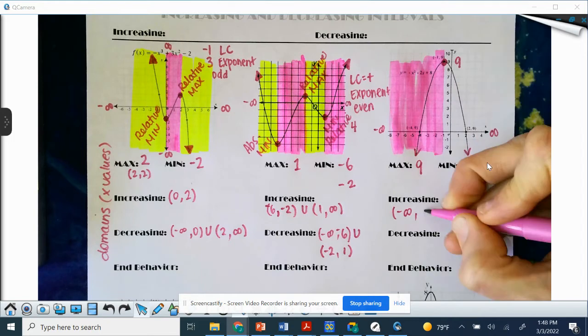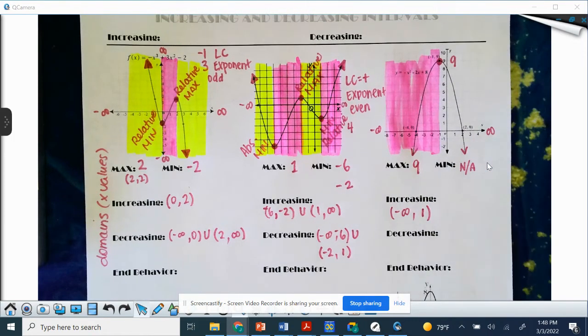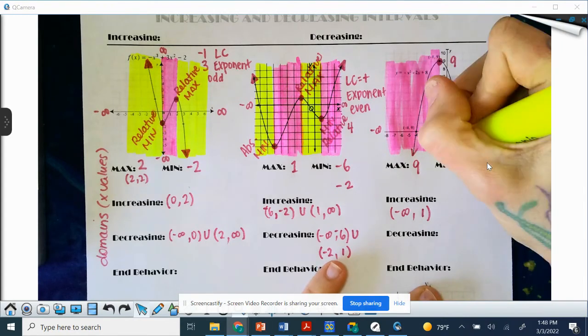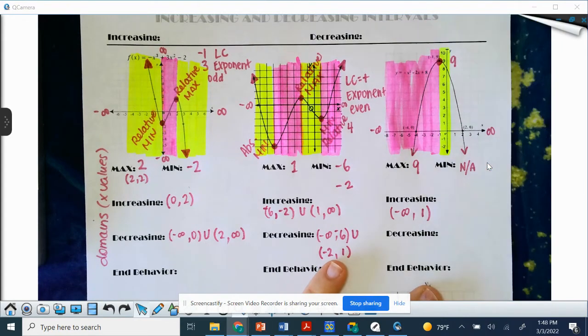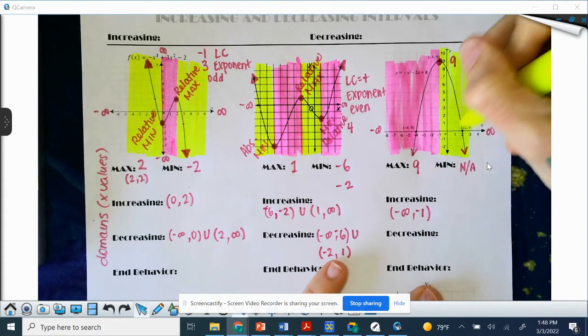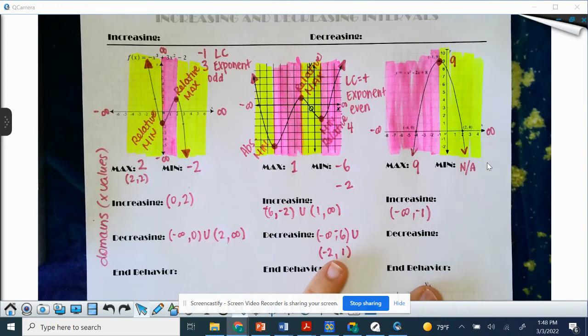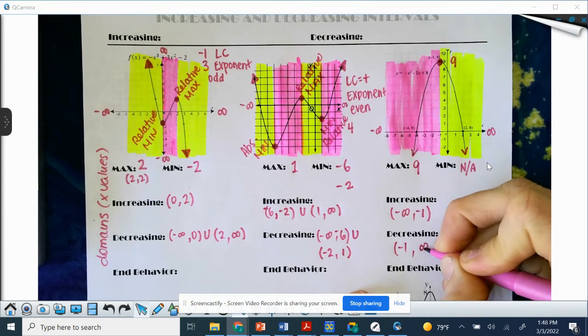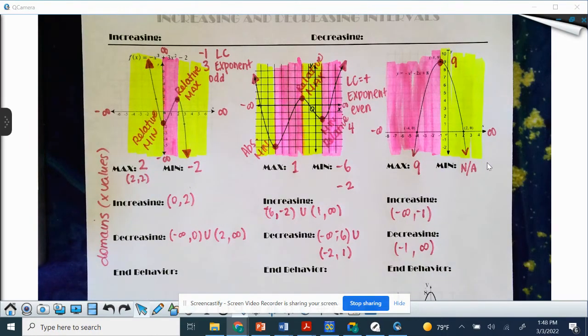Then at that max point of negative 1, 9, it turns and goes down, becomes a decreasing function. So from negative 1 and on forever to positive infinity, all to the right.